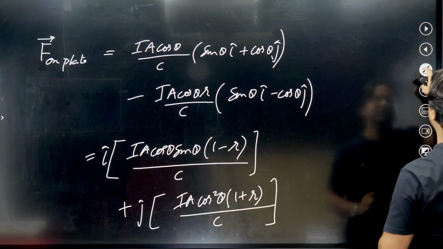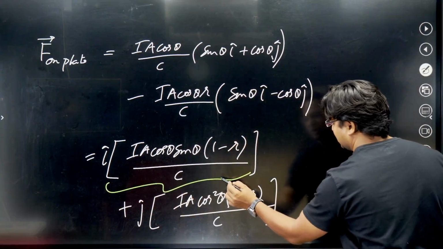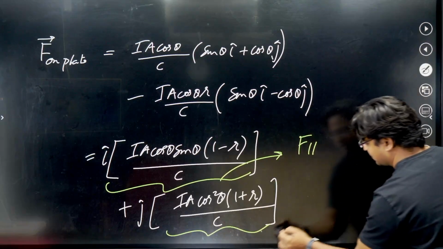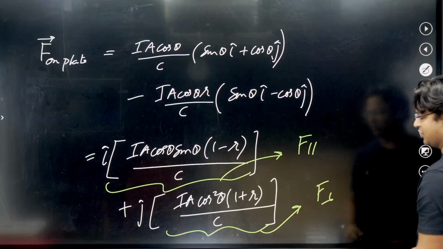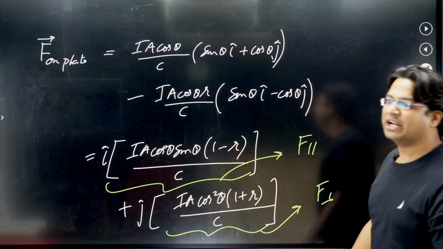This entire thing is your F parallel, and this entire thing is your F perpendicular, because J cap was perpendicular to the plate and I cap was parallel. So we have derived the results now.